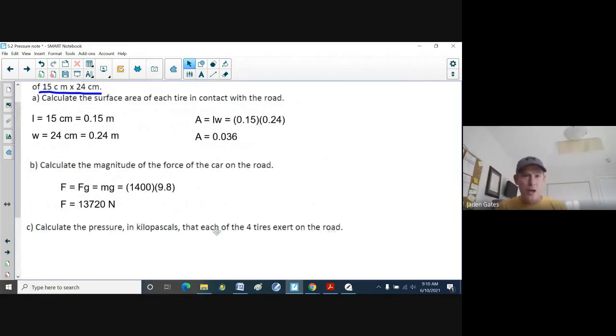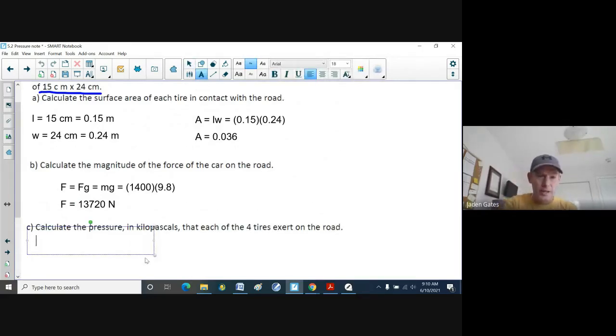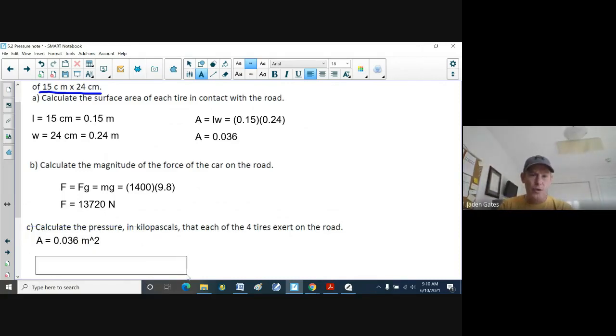First off, we know the area of every tire. Let's put that down. The area of every tire is 0.036 meters squared. I should have thrown that in there before. Now the force of the car, we're looking at each of the 4 tires. So I'm going to say the weight is distributed evenly over the 4 tires.